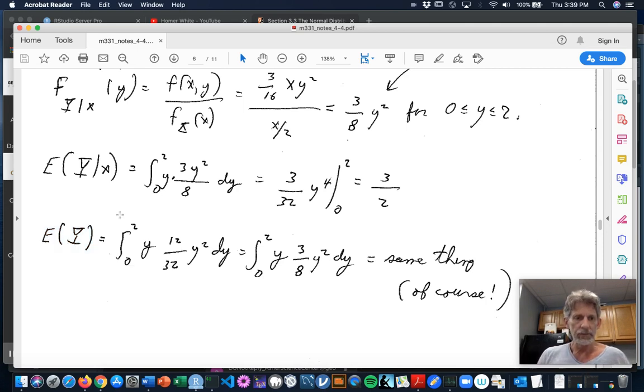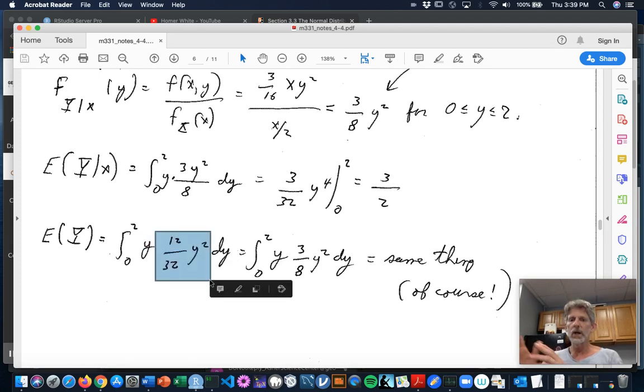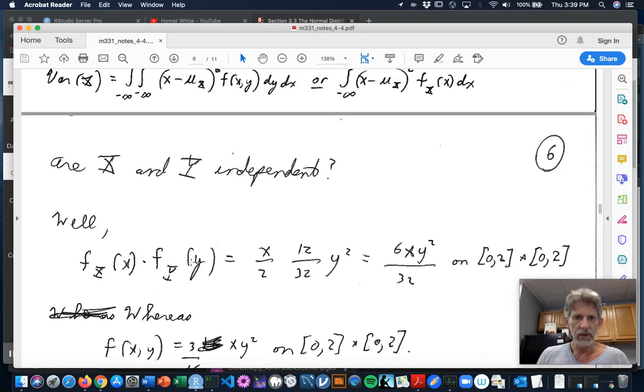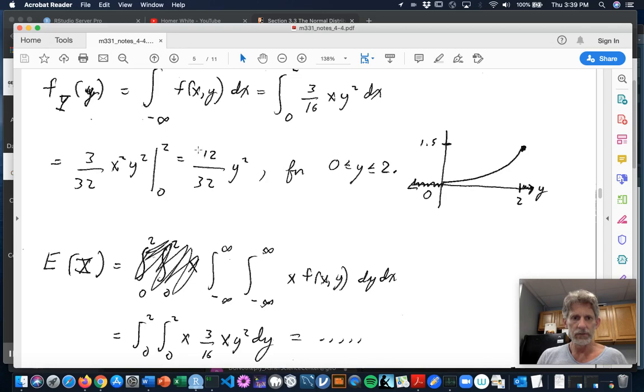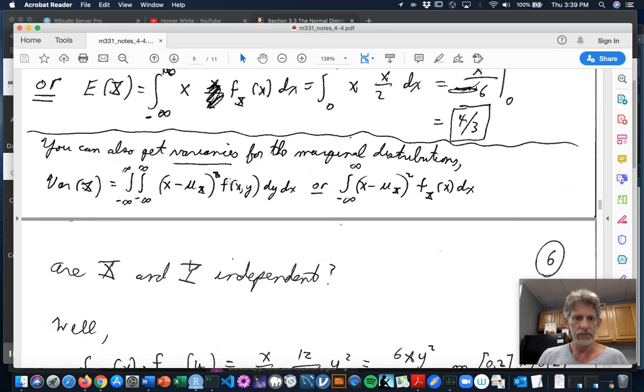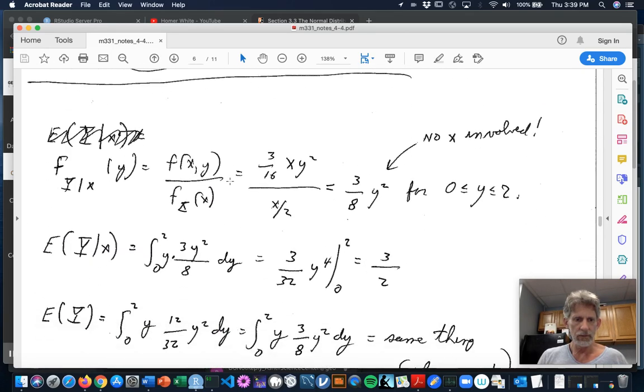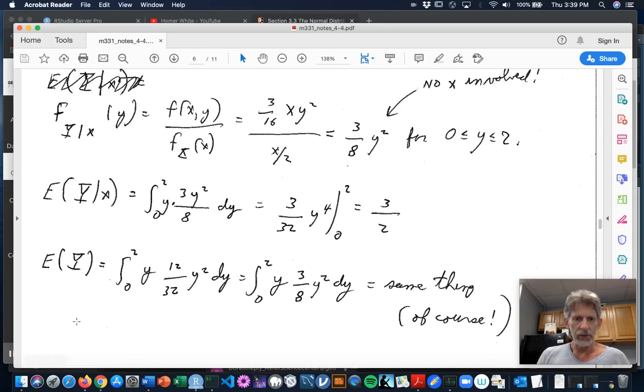Let's check. Integrate over possible values of y times the marginal for y that we found up here. And so when we do it, we get to this spot right here, and we look at it and we say, hey, wait a minute, we were just doing that.